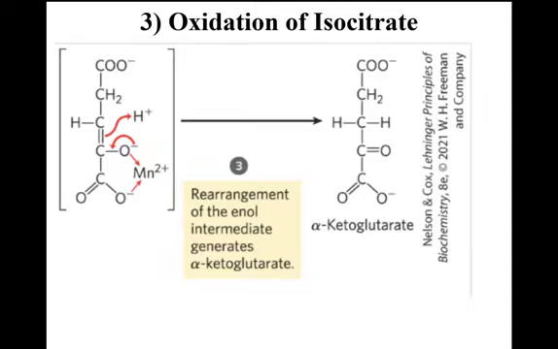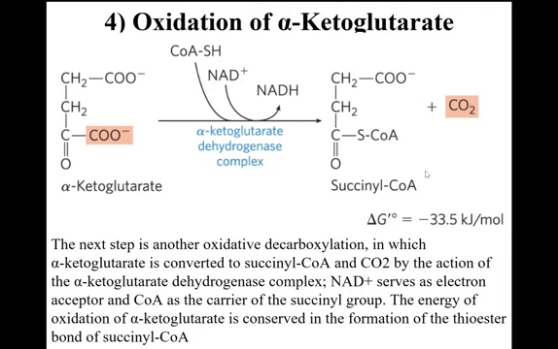And thus from there, some rearrangement occurs, and then you finally have an alpha ketoglutarate that comes from the oxidation of isocitrate.